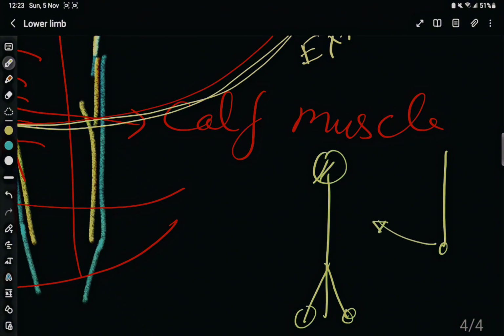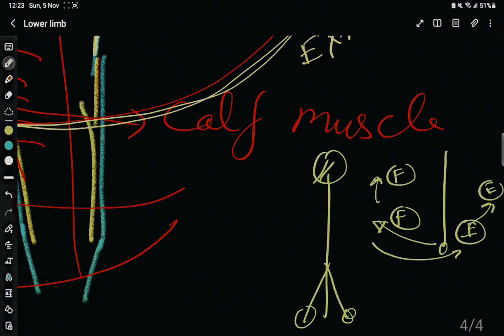It goes back, flexion. Do the same thing in reverse. The leg comes forward, extension. It's very simple. Back, flexion. Forward, extension. That's it.